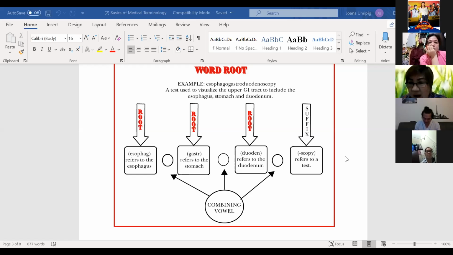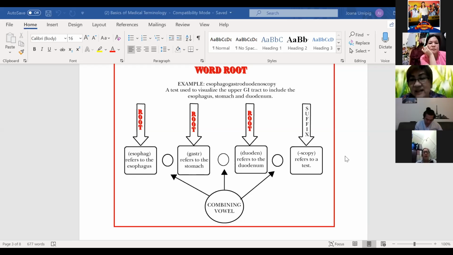And the last one is the suffix. You have to add the suffix -oscopy. It refers to the test, or the viewing. And you add the combining vowel in between, the O. So you can form a medical term. You will form esophagogastroduodenoscopy.